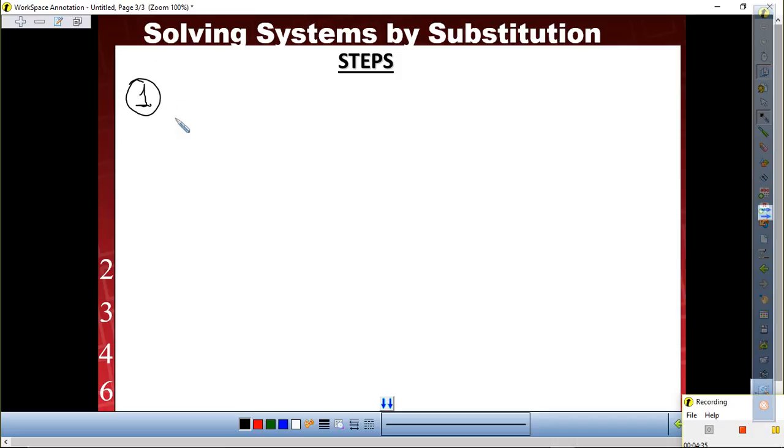Solve for a variable. Carson, finish it up. Claire, help him out.